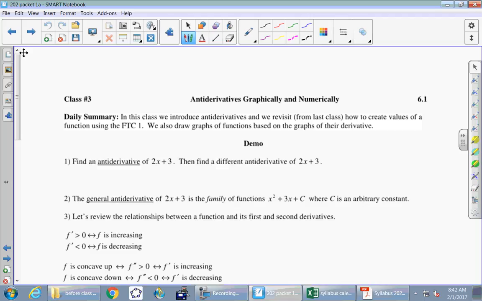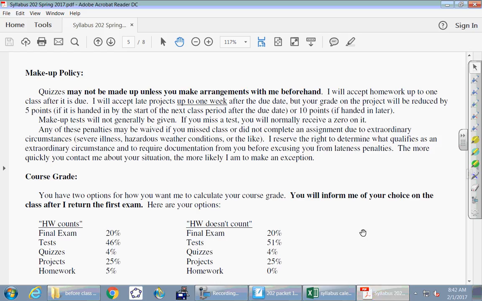Okay, and then the last handout is this little scrap of paper here. On your syllabus, I printed out the syllabus and then I made some changes to the grading scheme. And then I forgot that I needed to reprint that page. So the percentages that I gave you on your syllabus are not the percentages we are doing.